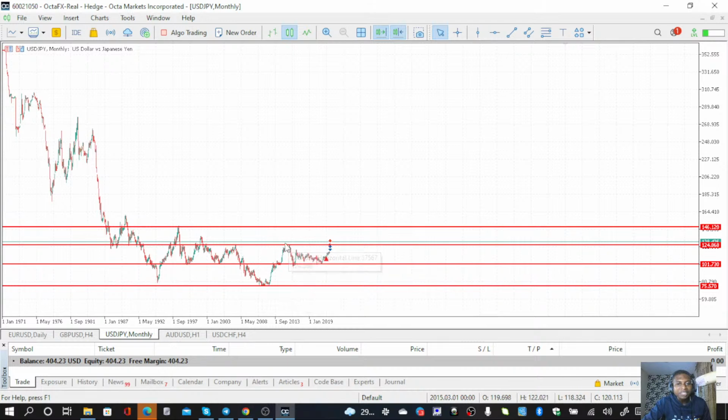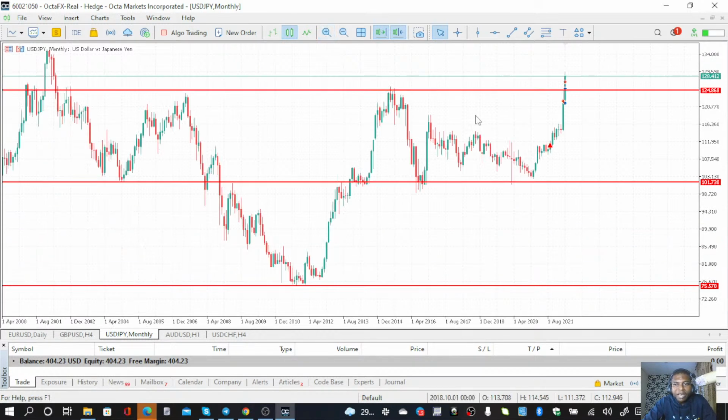Then it gets to the supply zone, which is the resistance level, and there was a pushback. The market has been consolidating at this level, and there is a final push up that broke through this resistance level.